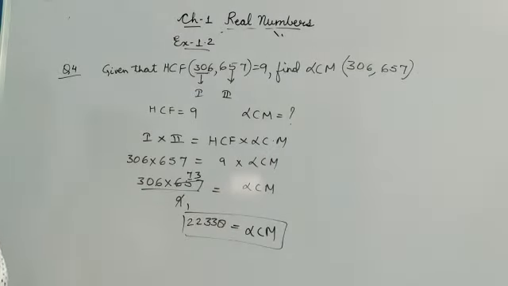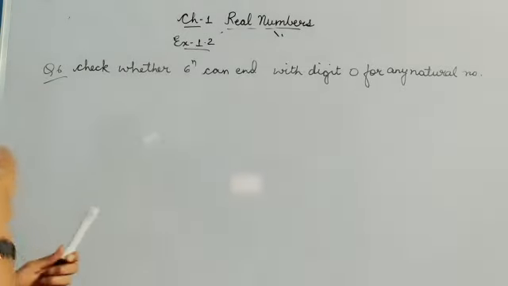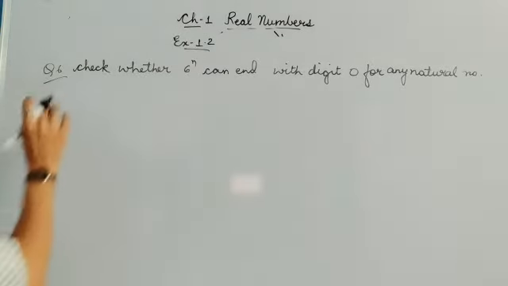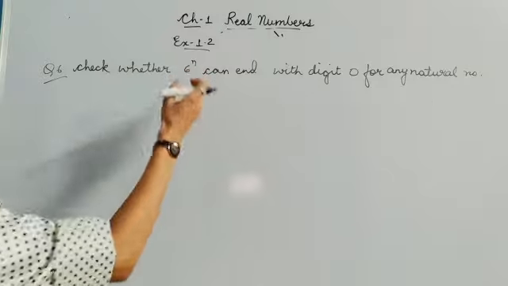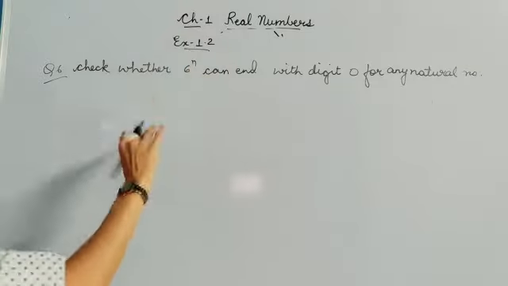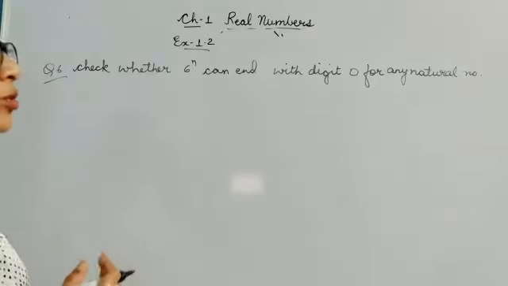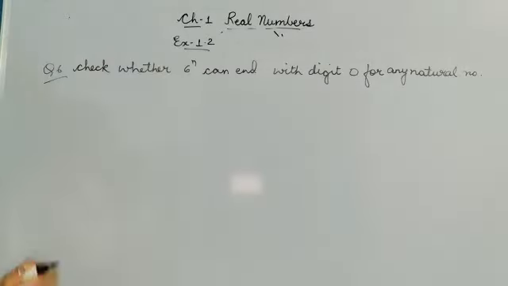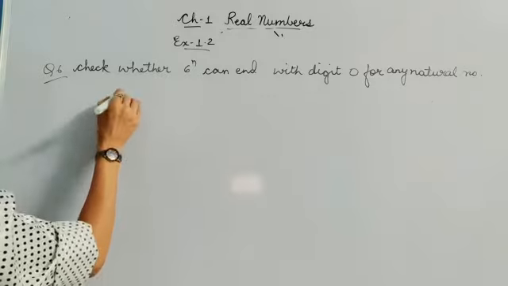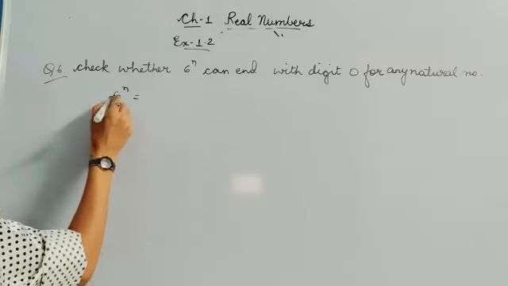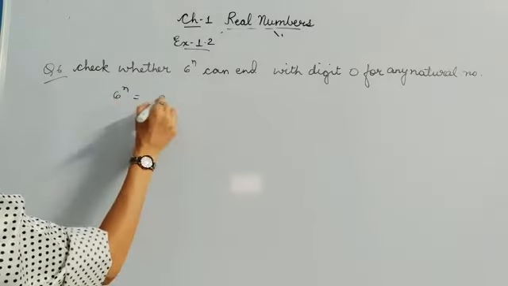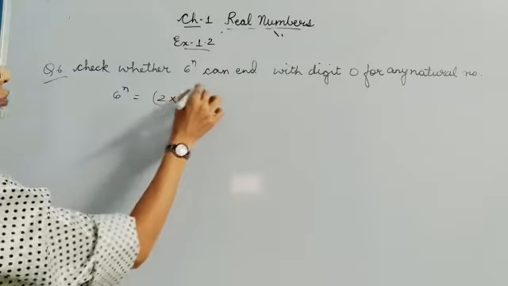and on simplification you will get it as 22338. Children, if you are given this kind of question, check whether 6 raised to power n or 4 raised to power n or any number raised to power n can end with the digit 0 for any natural number or not. Then first of all you need to find out the factors of this number. So 6 can be written as 2 into 3 raised to power n.